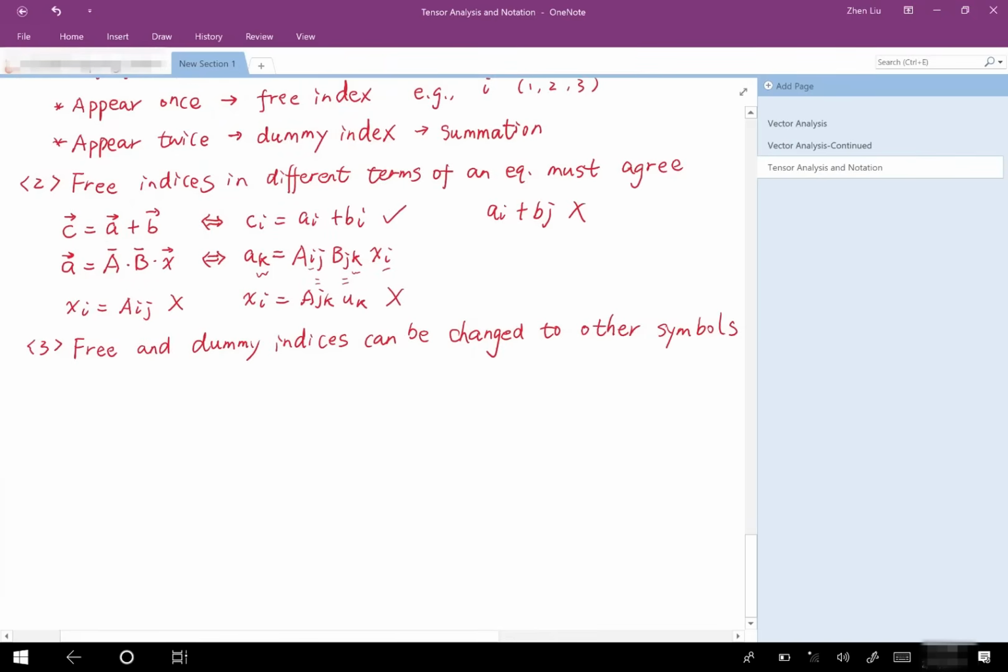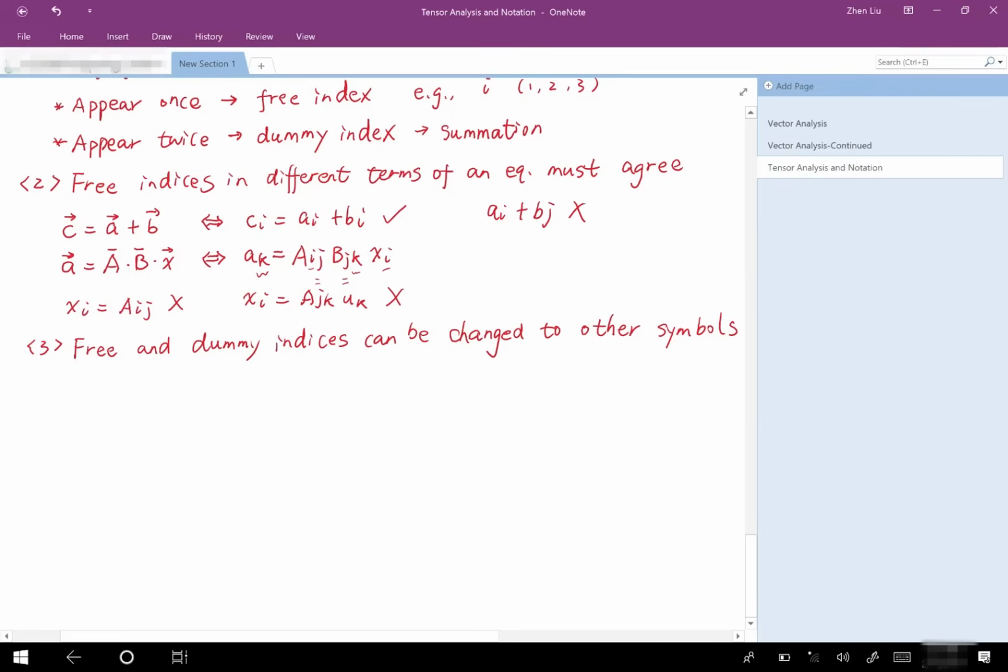If you want to change the free index, for example from i to j for one equation, you want to make sure that you change all the i to j. So that's the thing that you need to make sure. And if you change the dummy index, for example j to another symbol k, you want to make sure that you replace every j with k.